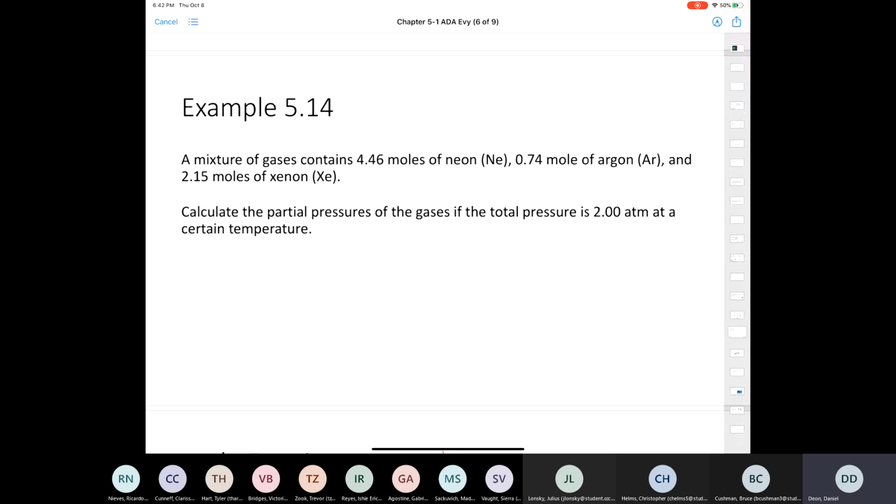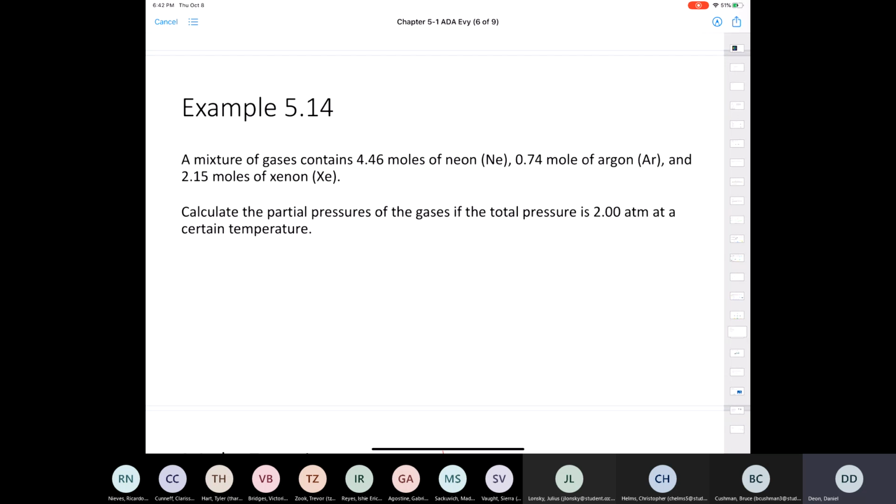Question 5.14. It says, a mixture of gases contains 4.46 moles of neon, 0.74 moles of argon, and 2.15 moles of xenon.